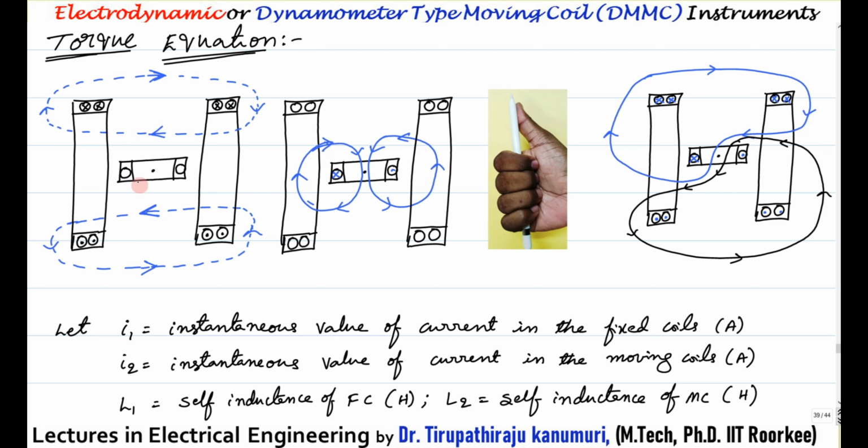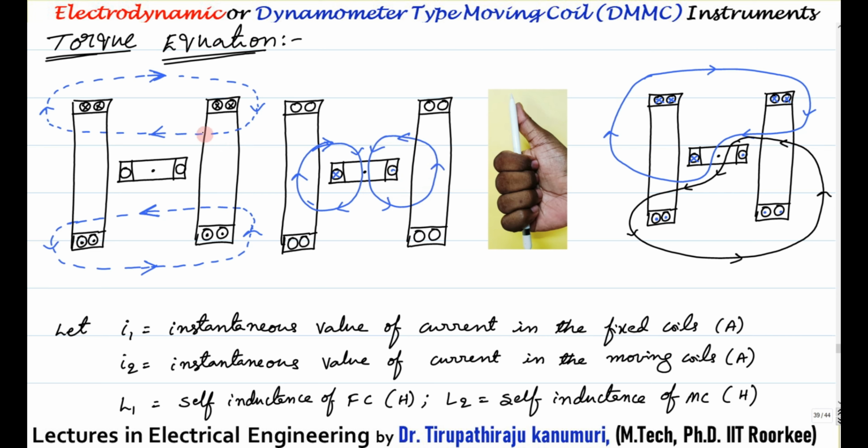That means at this point, the directions of the flux produced by the two are opposing each other. Whereas if you are taking the second side, you can see the direction is like this. So the flux produced by this lower half, and the flux by the fixed coil, are in the same direction. That means in the lower side the flux is adding, on the top side the flux is opposing. Similarly, for this dot, you can observe that on the top side the direction of the flux is the same as the flux produced by the fixed coil.